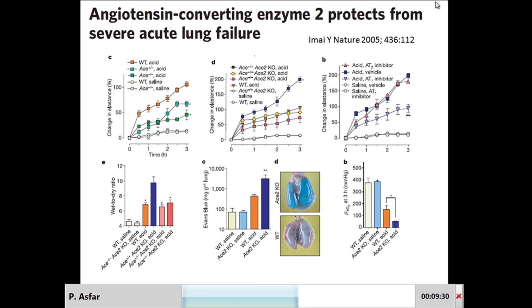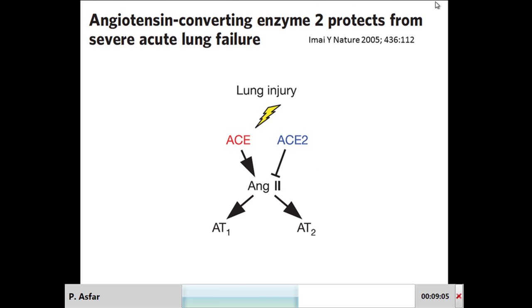When you have a knockout AC2, which is protective, usually you have more capillary leakage, with these nice blue events, and the effect of AC2 leads to improvement of PaO2/FiO2 ratio. So to summarize this very complex and crossmark study, you have to keep this picture in mind.